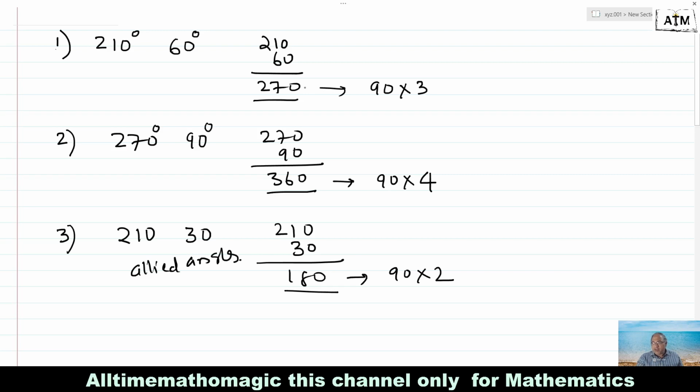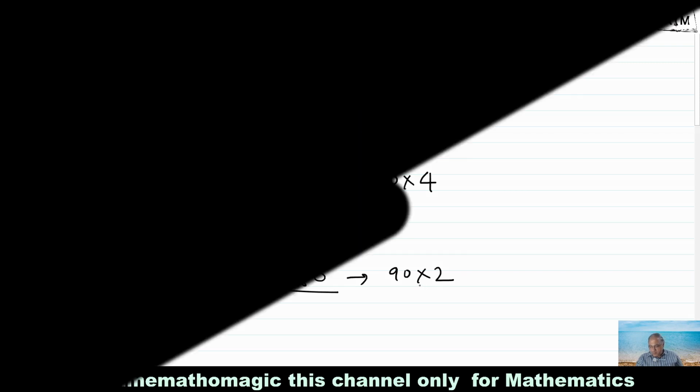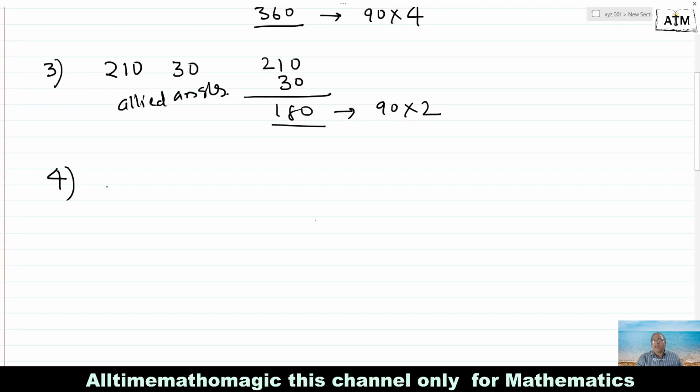So either the addition of the numbers is a multiple of 90 or the subtraction of the numbers is a multiple of 90. Similarly, 90 degrees and minus 90 degrees: the addition of these two angles equals 0 degrees, therefore 90 degrees and minus 90 degrees are allied angles.